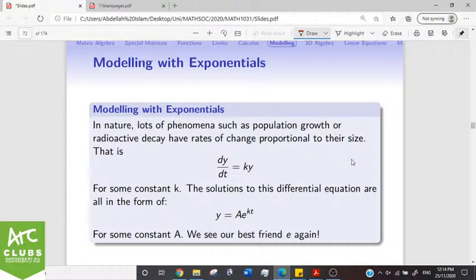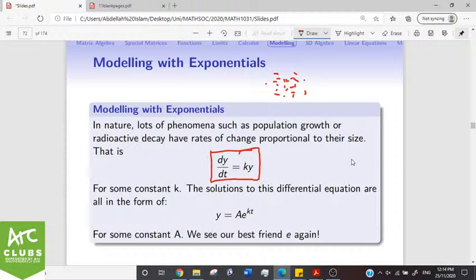Some sort of animal, the more of its type there are, the more it's going to populate. So we say that its rate of growth is proportional to its population size, and this is how we denote it.